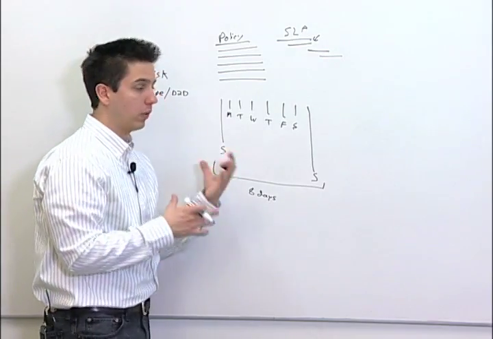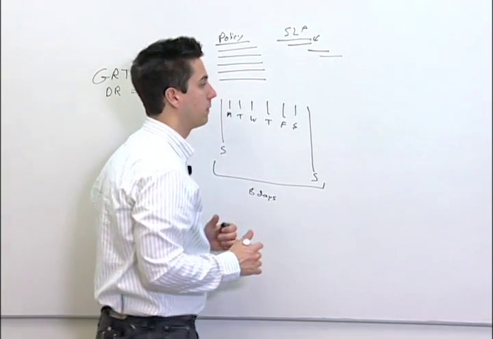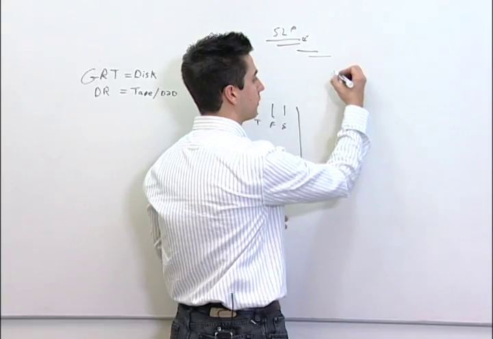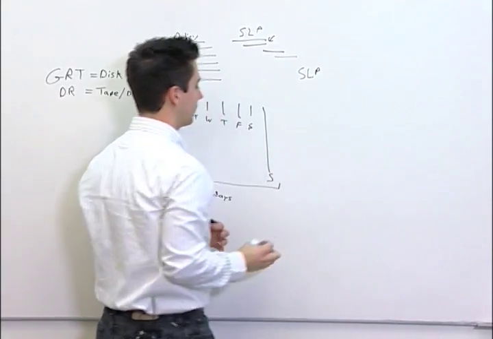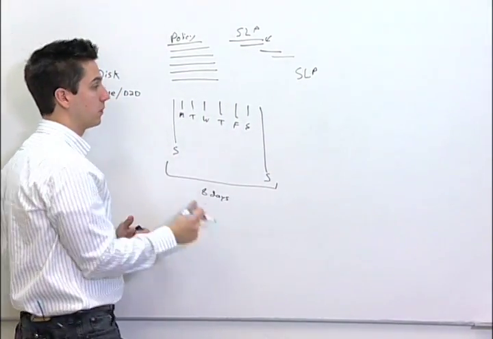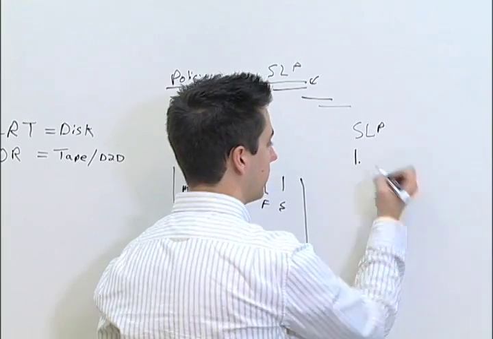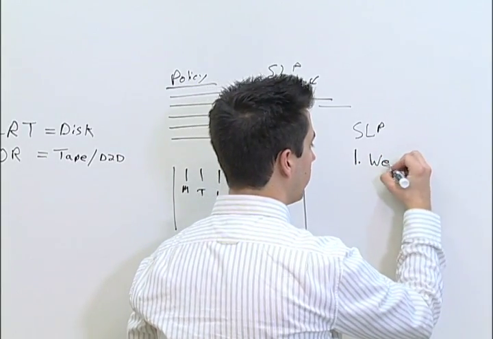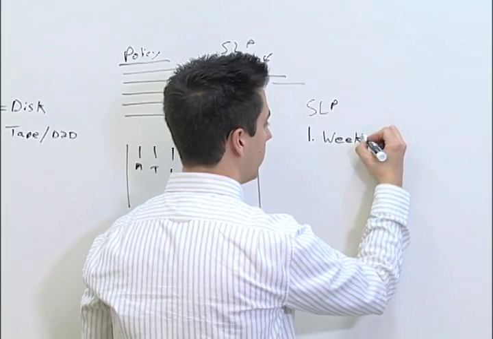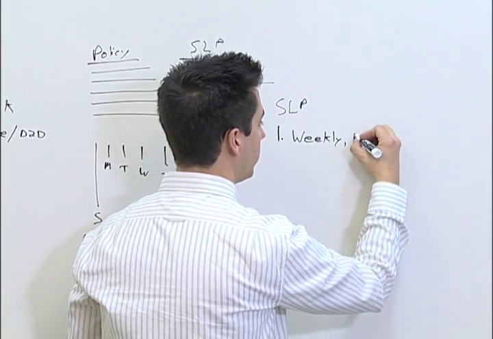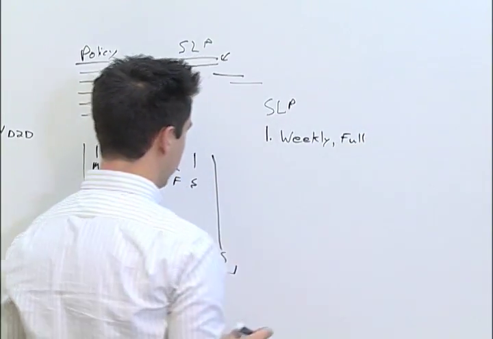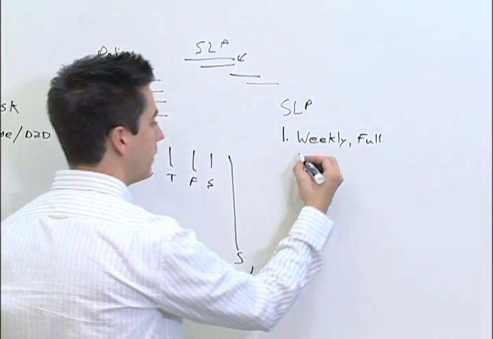So when you actually go and configure this within the NetBackup console, the first thing you'd want to do within your storage lifecycle policy is configure these full types of backups. So your first step here will be to configure a policy with one schedule that is weekly. You'll be doing fulls. Your retention level will be 8 days.